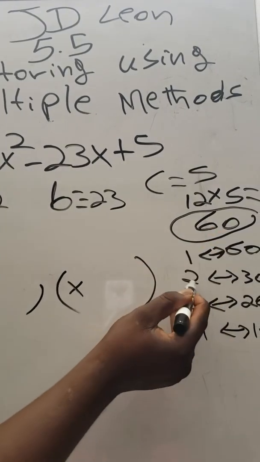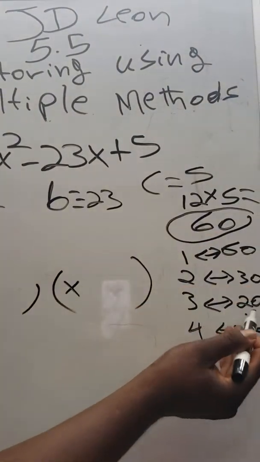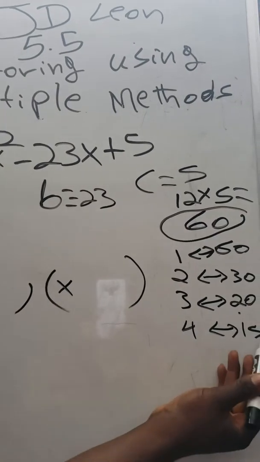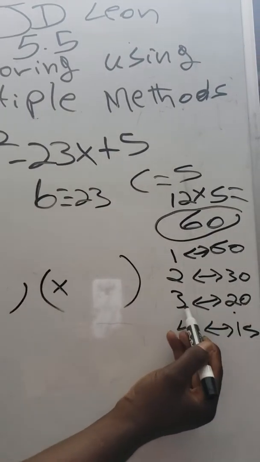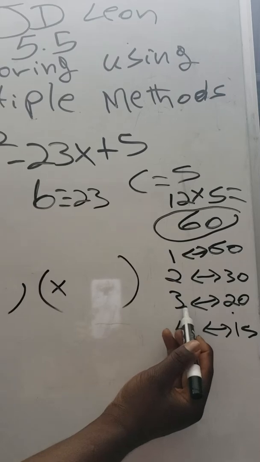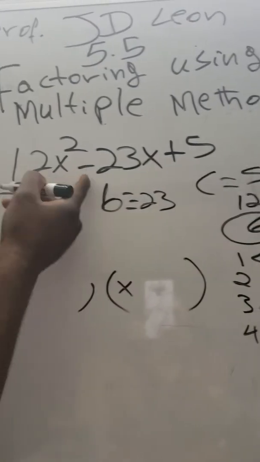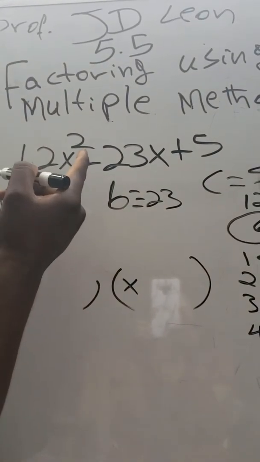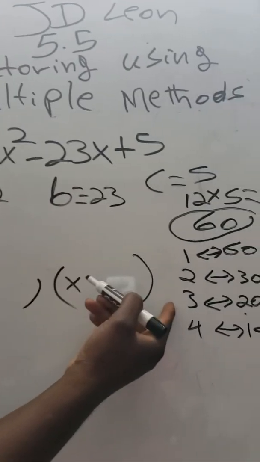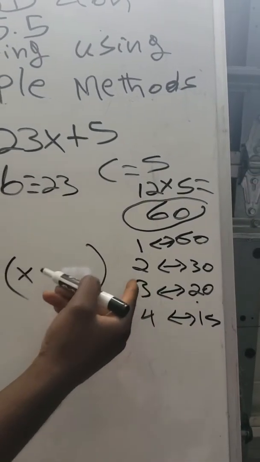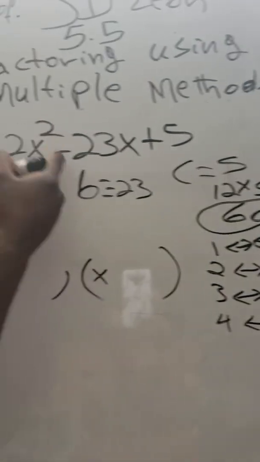Divide 60 by 2 is 30. Divide 60 by 3 is 20. Divide 60 by 4 is 15. But the two numbers that we can use to get a negative 23 in the middle term are 20 and 3. If we make both of them negative, we will get negative 23.